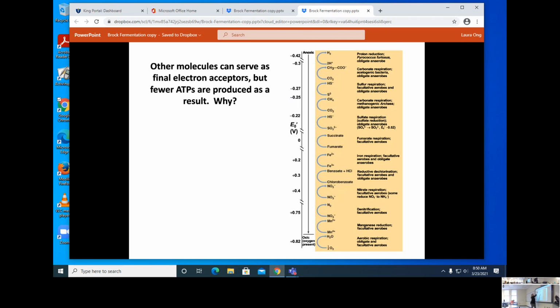Everything from here up could be used in either anaerobic respiration or as an intermediate step. But say up here, if you're running a metabolic style and you're using protons as your electron acceptor, and then producing hydrogen gas, that's kind of a barely low energy style metabolism. So the further up you go, you get more primitive and less energy production.